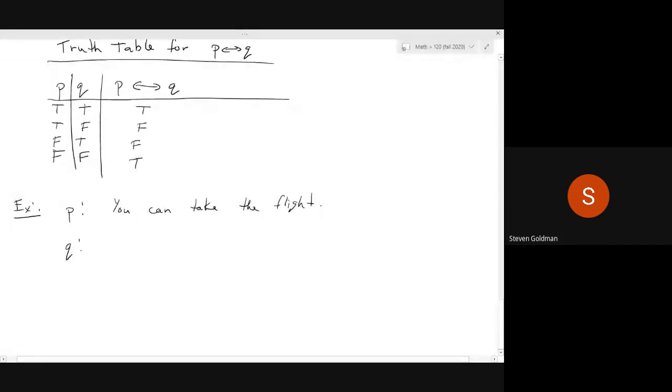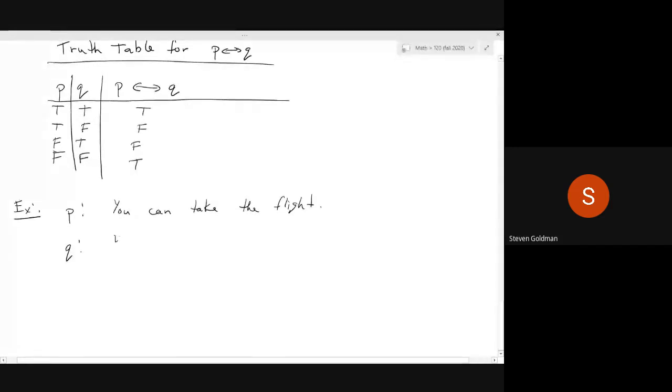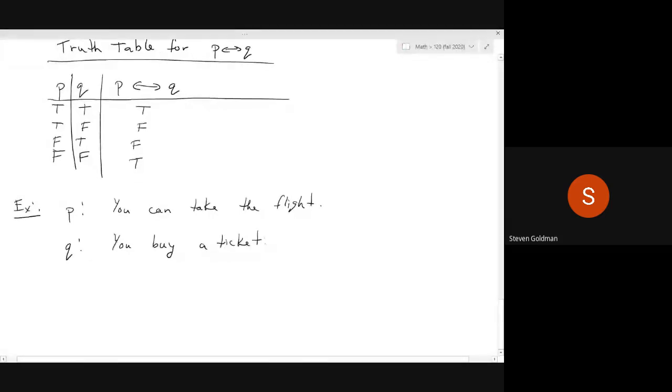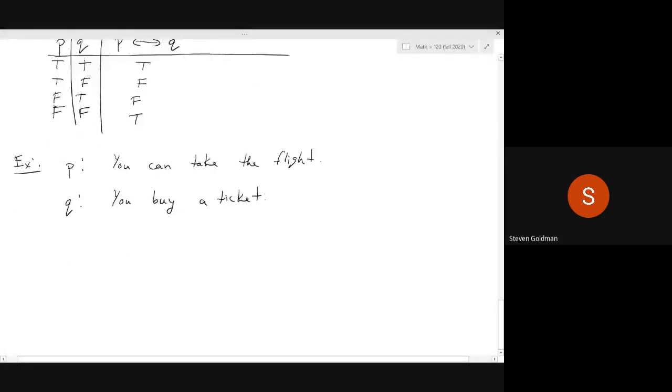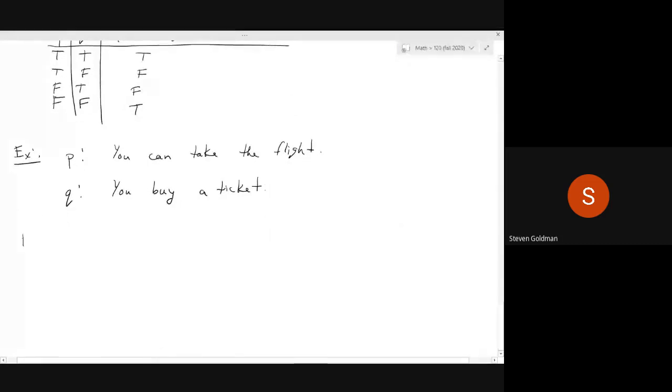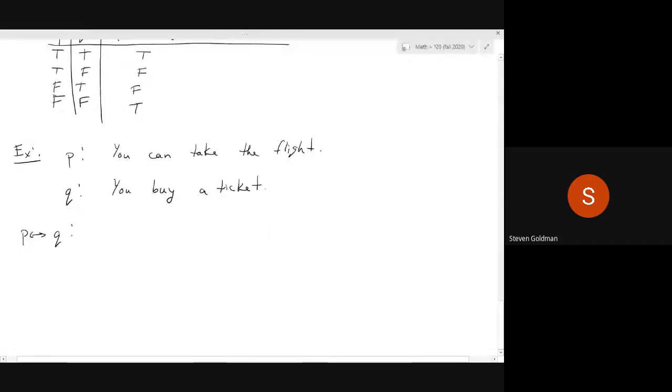Q is the proposition: you buy a ticket. We can create from these two propositions a biconditional statement, P if and only if Q. That would be the sentence, you can take the flight if and only if you buy a ticket.